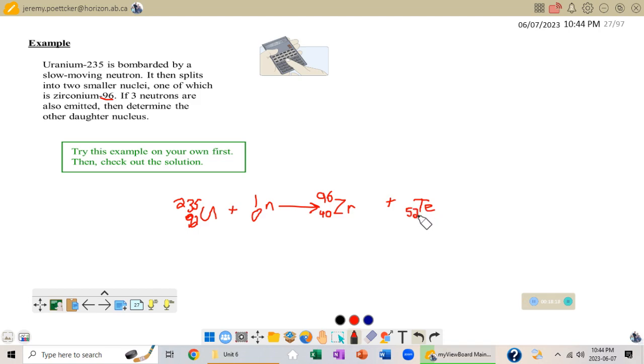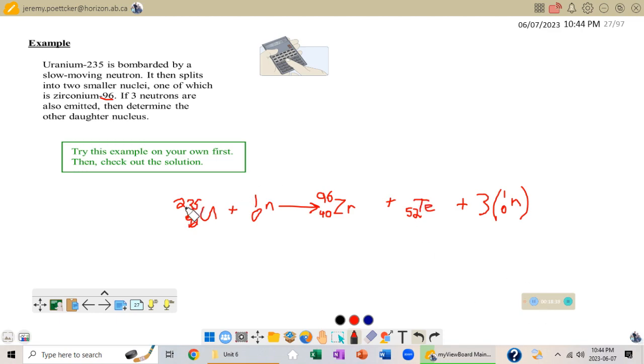Now, to do a little bit of work here, I have 3 neutrons. So I'm going to write those in there before we try to find our isotope of tellurium. A little bit of math we have to do here.